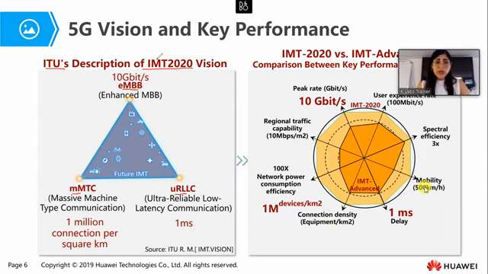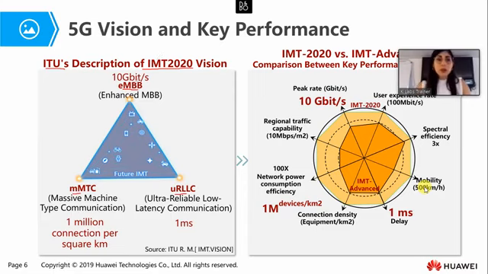Usually, these three application scenarios are represented at the vertices of a triangle. This actually has a meaning, because with this representation, the focus is on the difference in the network requirements that each of these three scenarios requires.